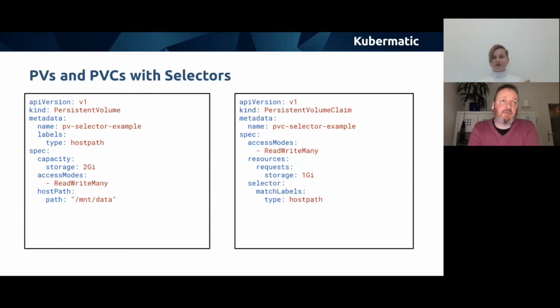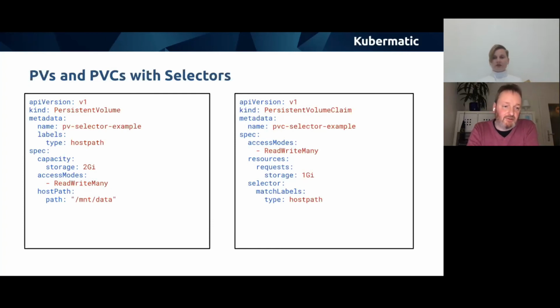There's also a different way to let the system choose the volumes for the claims. That is selectors. For the selectors, you, for example, take typical metadata. Here the label type is host path.